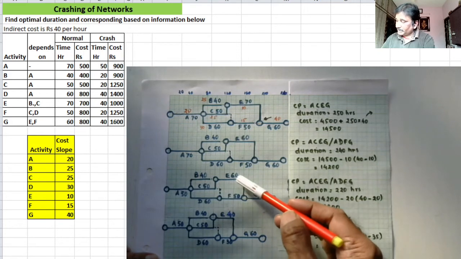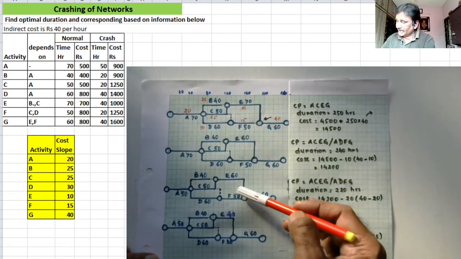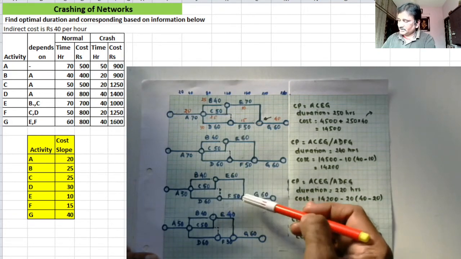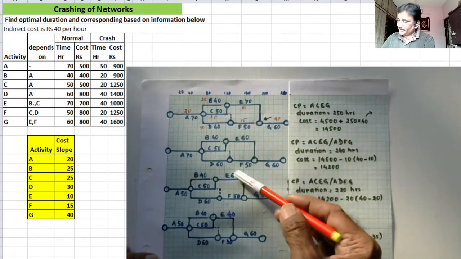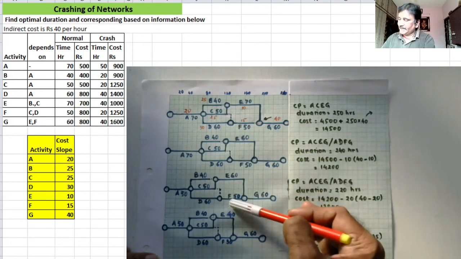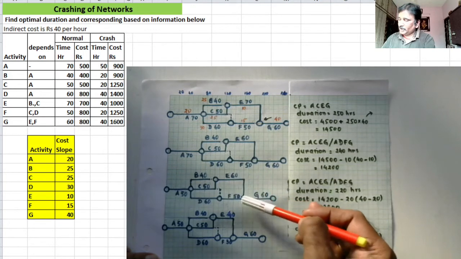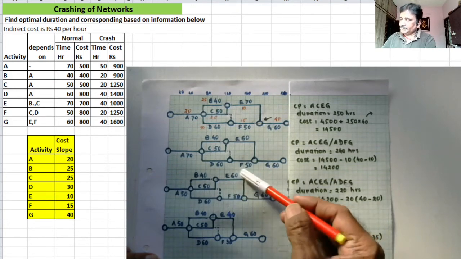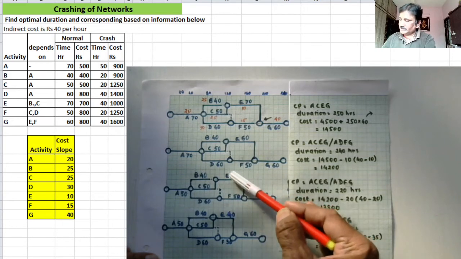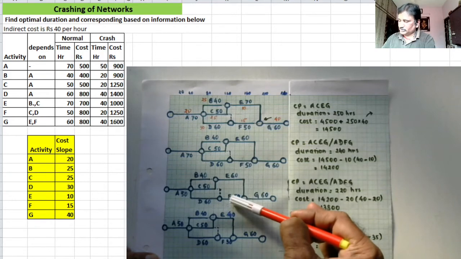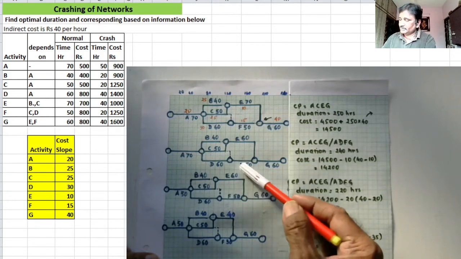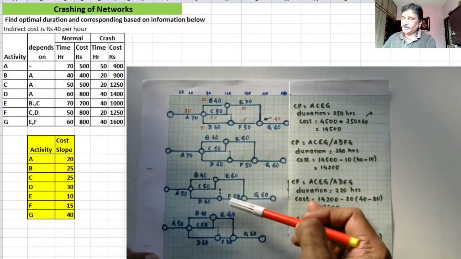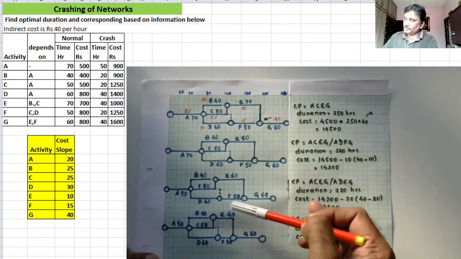But if I want to crash any of these two, I have to crash them simultaneously. There will be combined resistance of 10 and 15, that is 25 per hour.